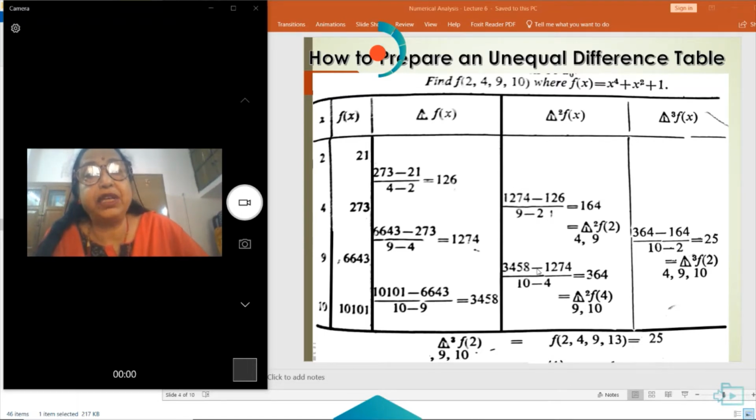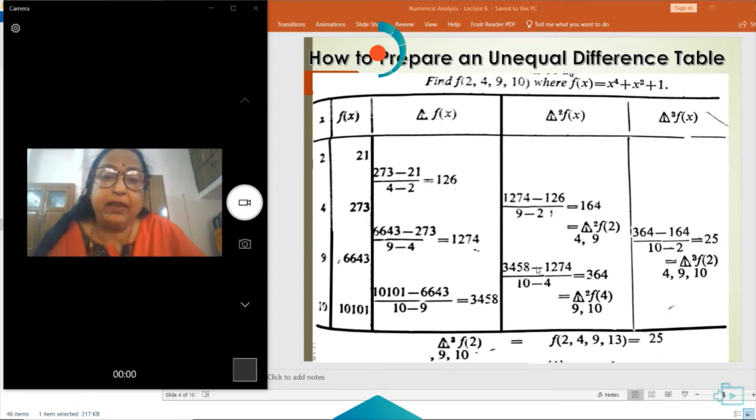The divided difference notation is given, that is delta cut fx is equal to the second value minus the first value divided by the second x minus the first x, and whatever comes is seen on your screen.